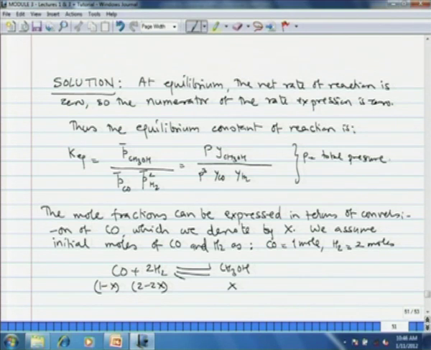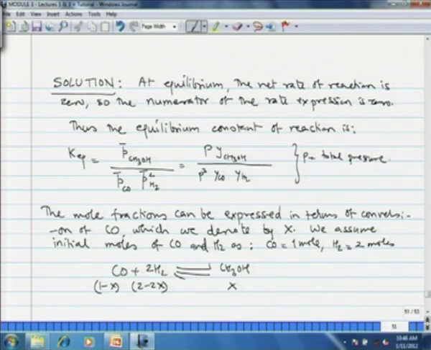So, if we assume that the initial moles of carbon monoxide and hydrogen are 1:2, because we have been given that the synthesis gas mixture is fed in stoichiometric proportion, there is nothing in excess of any component. CO to H2 is 1:2.